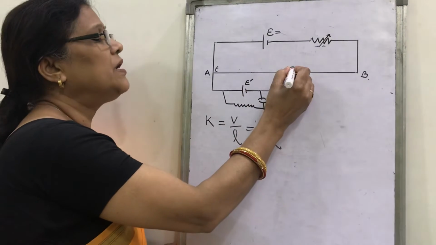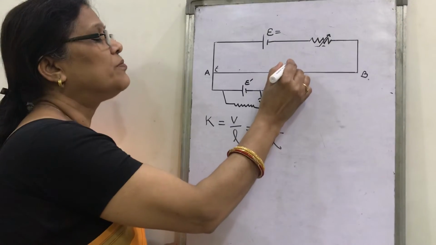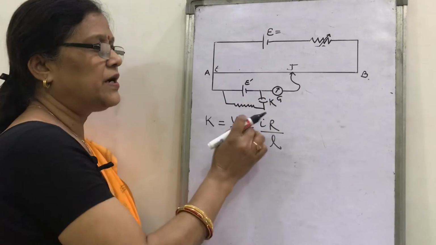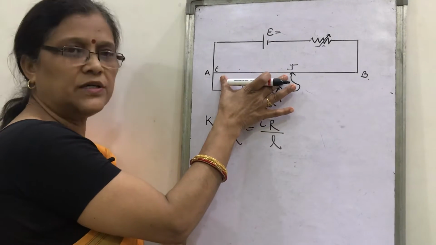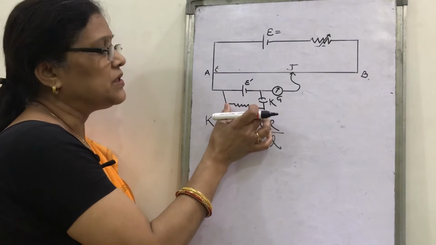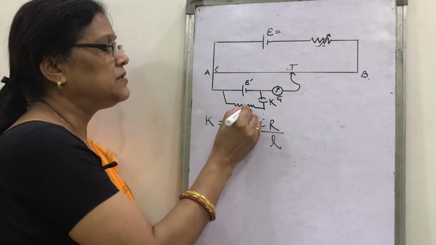So here, if the null point is obtained at the point J, then with the decrease of current, the potential difference across this also will decrease, its EMF will remain the same, or the potential difference across R will remain the same.